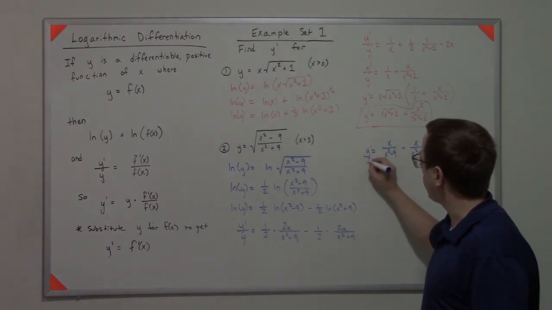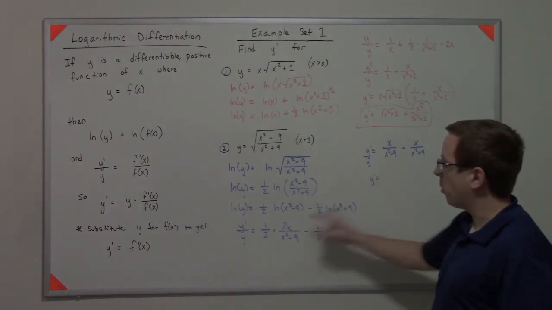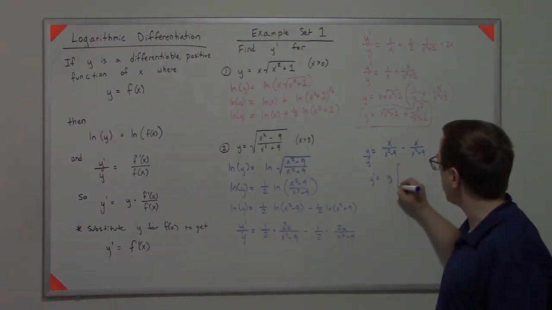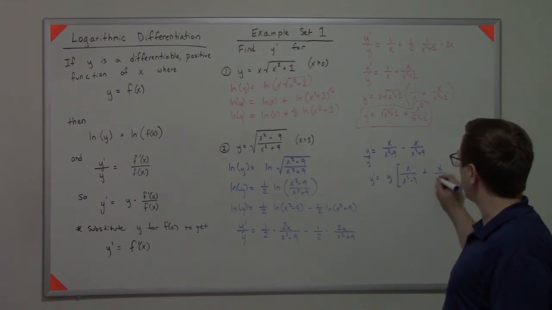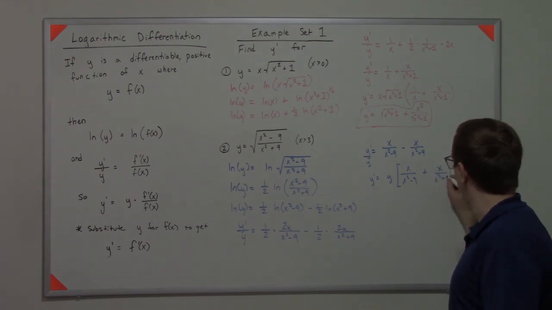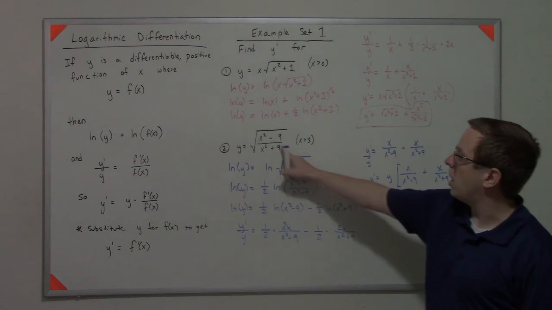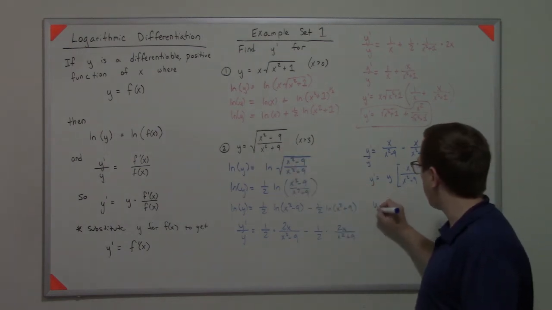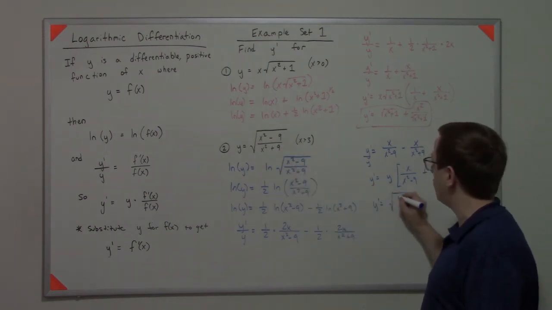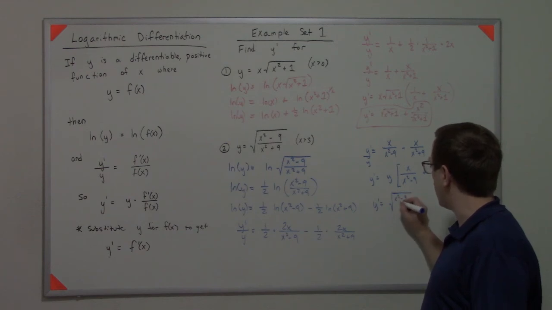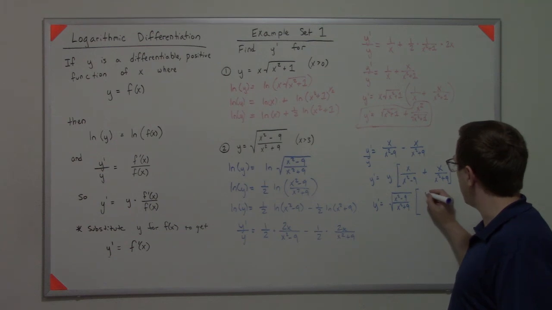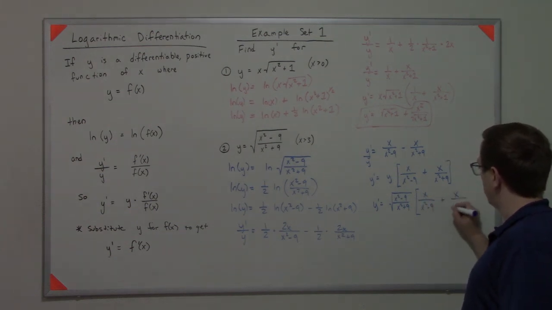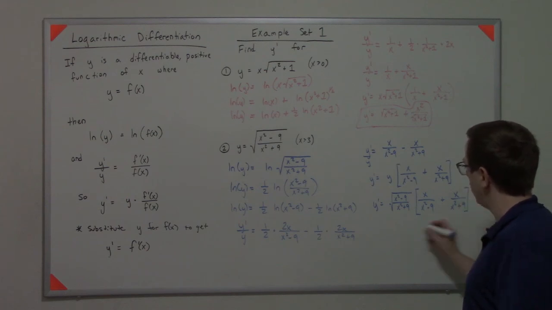So then y prime is y times x over x squared minus 9 minus x over x squared plus 9. And we know that y is this thing, so y prime equals the square root of x squared minus 9 over x squared plus 9 times x over x squared minus 9 minus x over x squared plus 9.